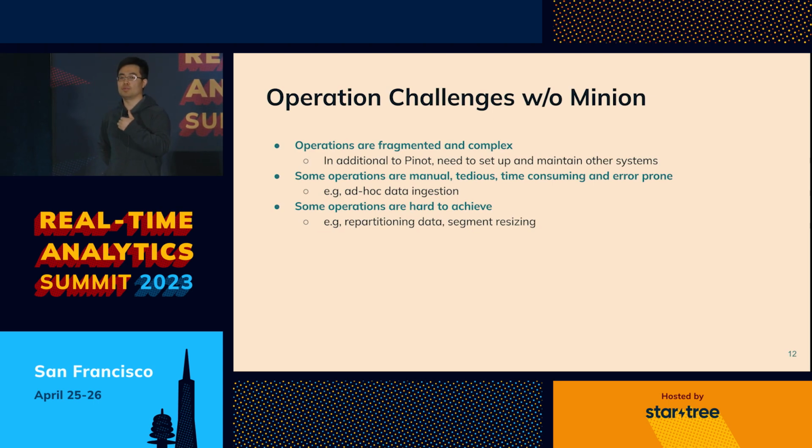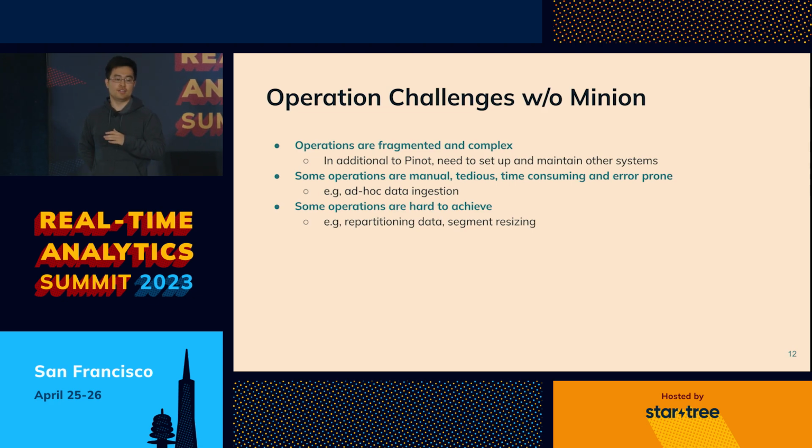For example, if users just want to ingest data, or do a one-time data update or reformat, they spend time to learn their need, then do a design, set up the pipeline, do the work, and then just throw the pipeline away, right? So this is pretty manual and time-consuming.